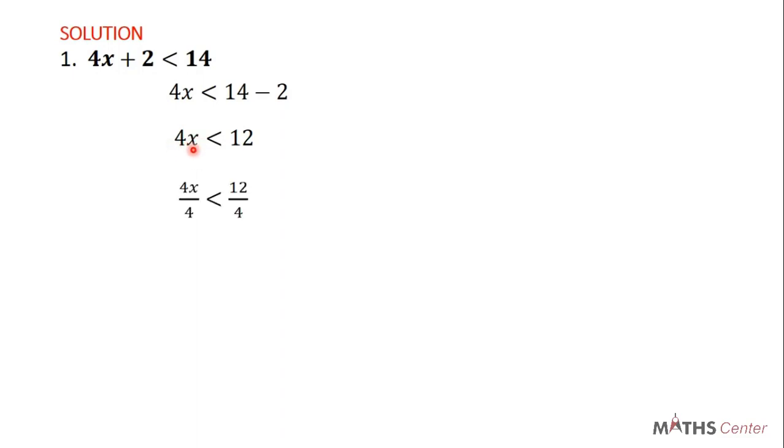We divide 4x by 4. We divide 12 by 4. 4 will cancel 4. Then 4 will go into 12 3 times, which means that we are going to have x is less than 3.